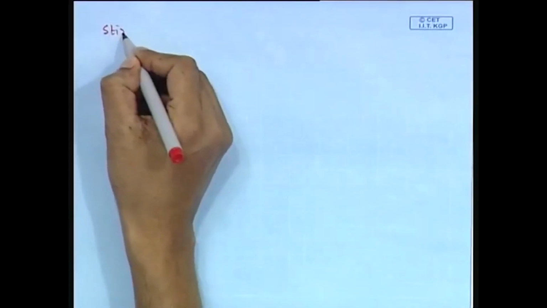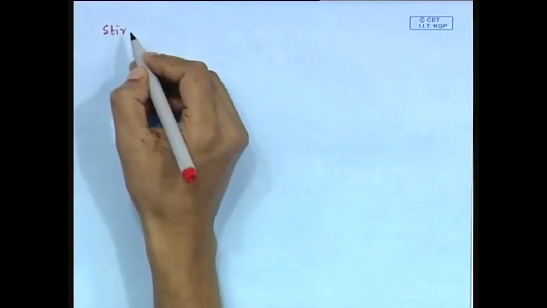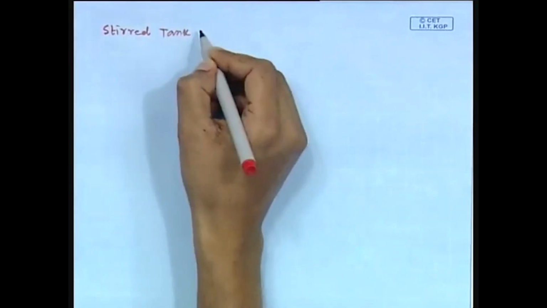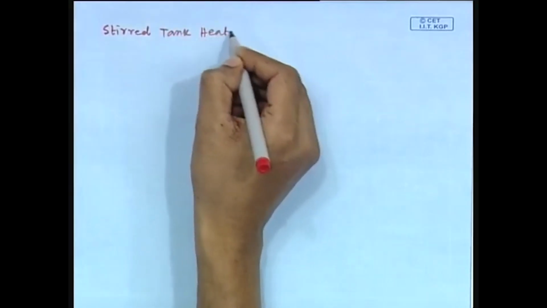Anyway, we will discuss these degrees of freedom by taking one simple example. We will consider the stirred tank heater to describe this degrees of freedom analysis.